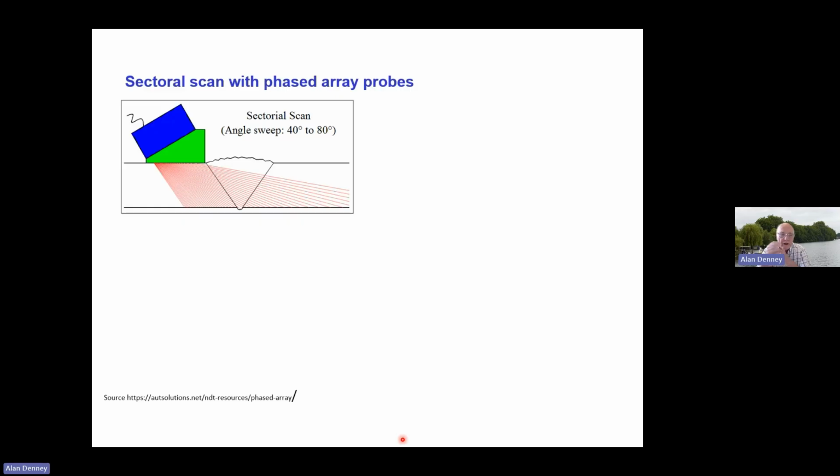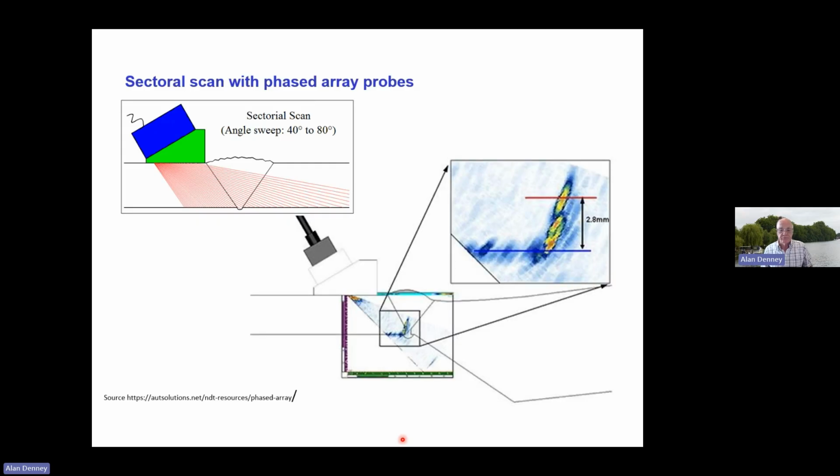In reality, you've got your phased array probe producing a sectoral scan, equivalent to many different angles. So it's giving this broad beam approach, all done simultaneously without pushing things backwards and forwards or changing your probe type.